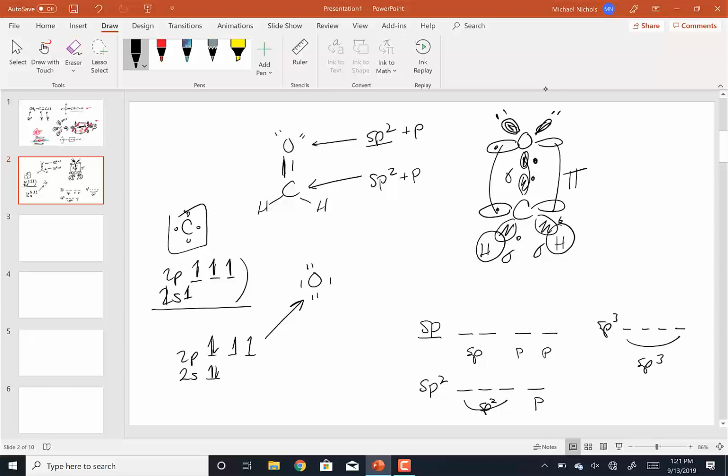Both. Okay. The rule is you've got to find the hybridization of each atom first by looking at the number of sigma bonds and the number of lone pairs. Once you find the hybridization, then you're just going to sketch out what that orbital looks like. So let's see.